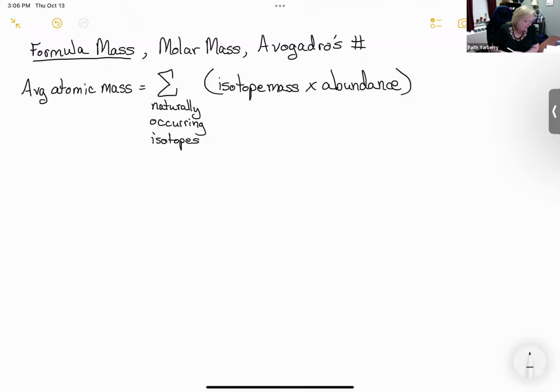So, for example, if I have oxygen as an element, just an atom of an element, oxygen has the formula of O. That's its formula as an atom of an element.